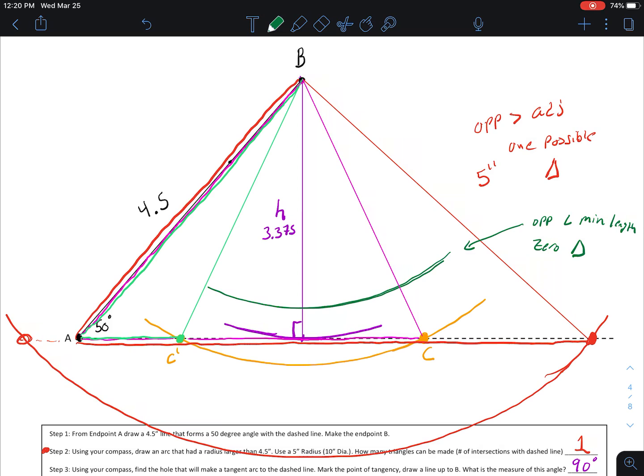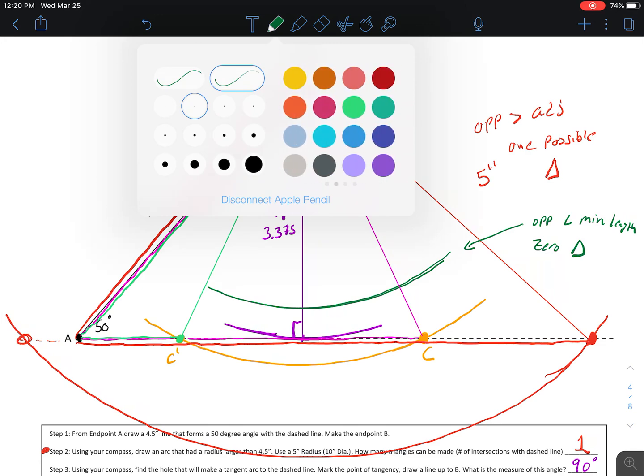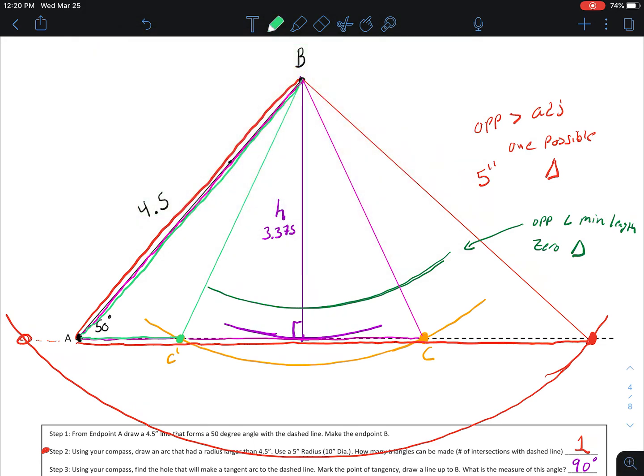And if we had the opposite side that was bigger than H, but less than the adjacent side, which was the pink here, so the opposite side is less than adjacent, however, the opposite side is at the same time bigger than the minimum length, we had 2 possible triangles.